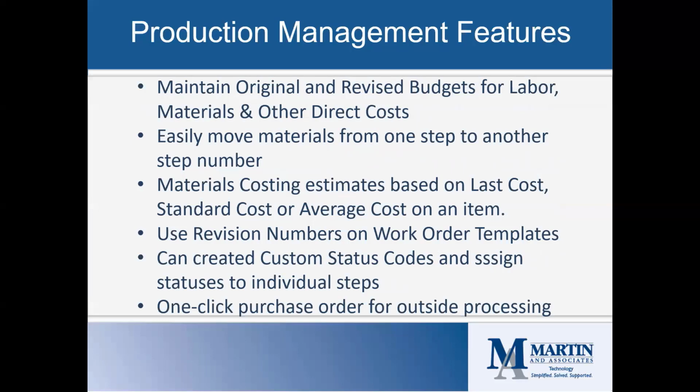Material costing estimates can be based on either last cost, standard cost, or the average cost of an item. You have the ability to use revision numbers on work order templates. So as you make changes, they can be saved as revisions out there, and you can track those revisions.